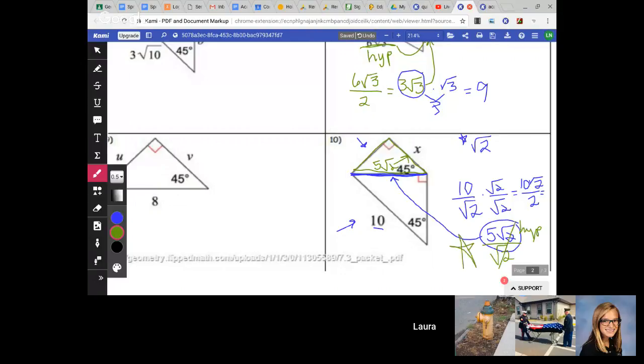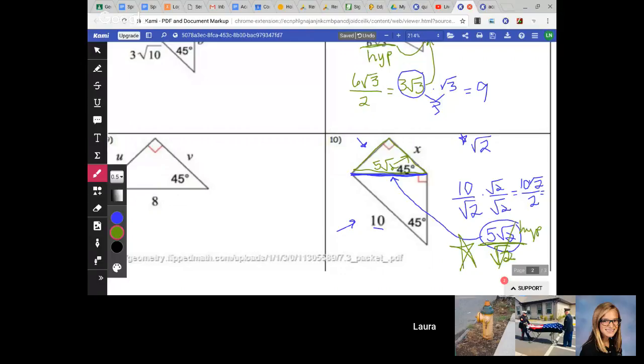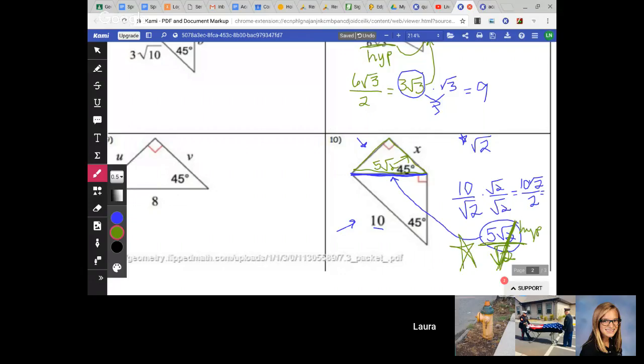So 5 root 2 divided by root 2 gives you a root 2 in the numerator and in the denominator, so they cancel out. Wouldn't you just be left with 5? Yeah, that would make x equal 5.